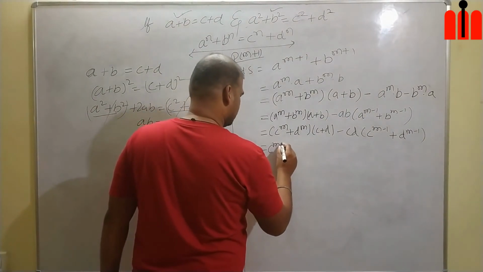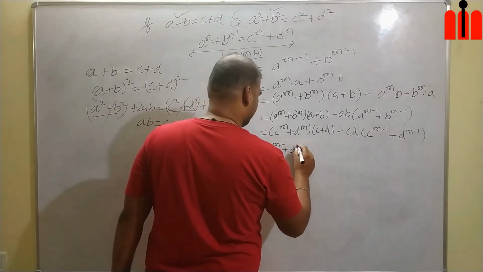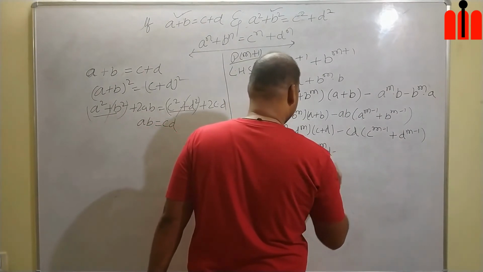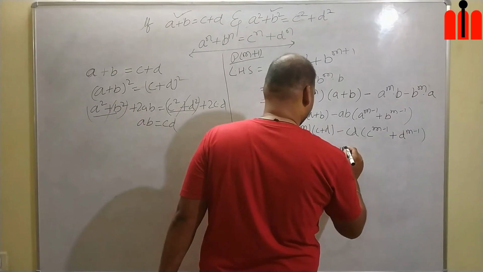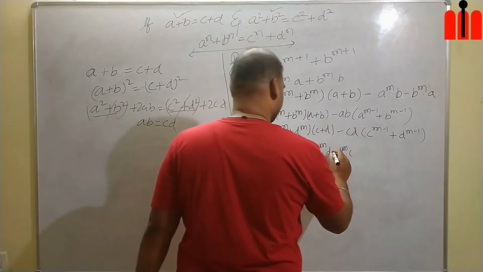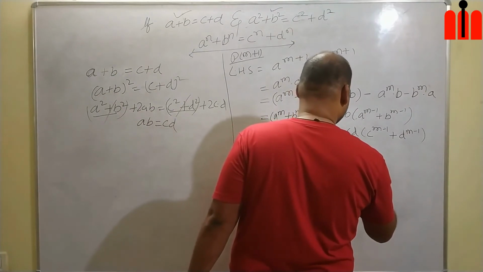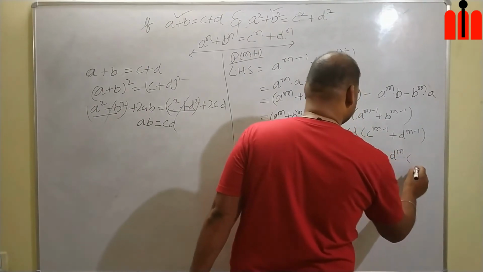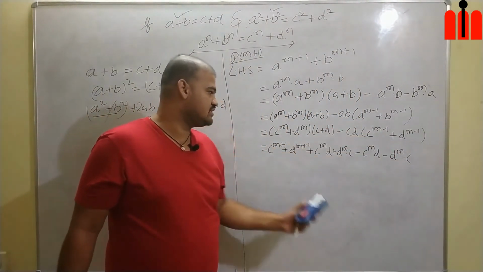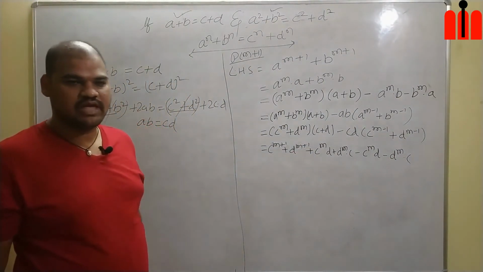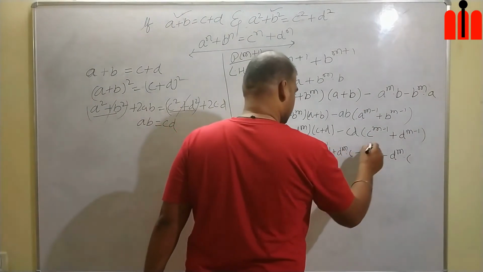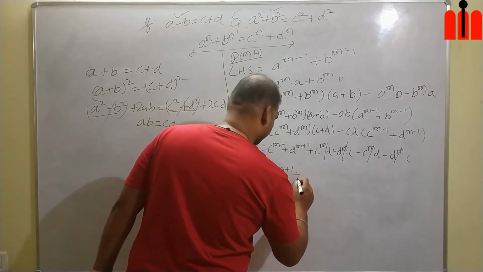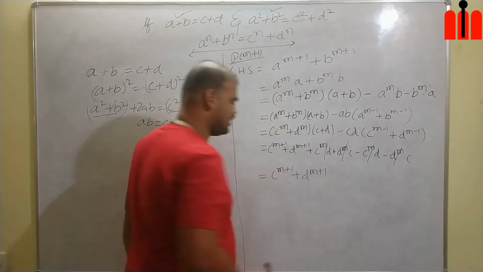It will be c to the power of m plus 1 plus d to the power of m plus 1, plus c to the power of m into d, minus d to the power of m into c. You just open these brackets and you will come up with this expression. Now this one gets cancelled, this one gets cancelled, then you will get c to the power of m plus d to the power of m.